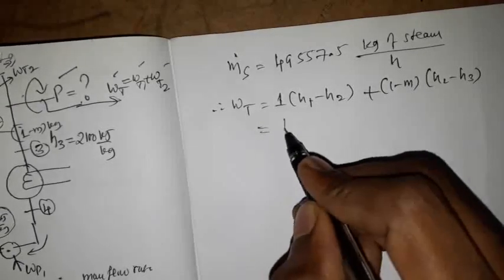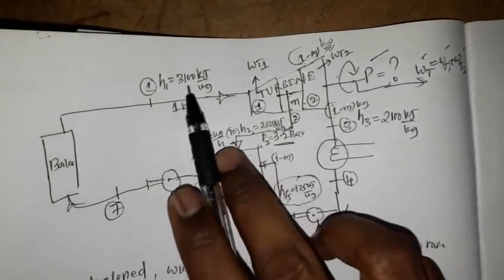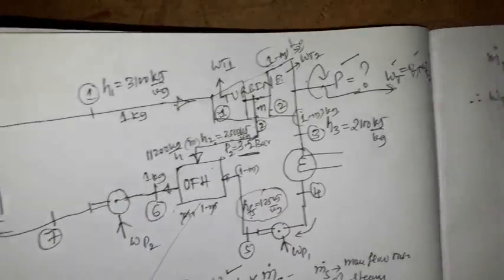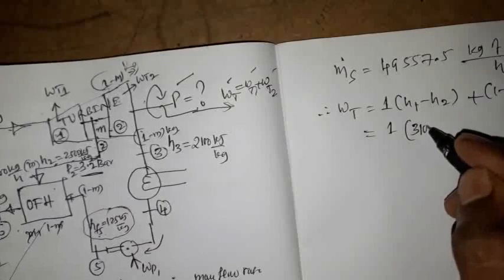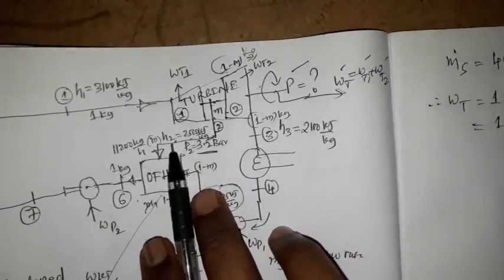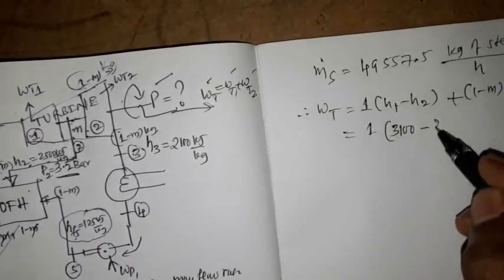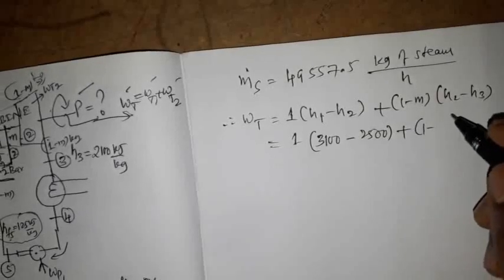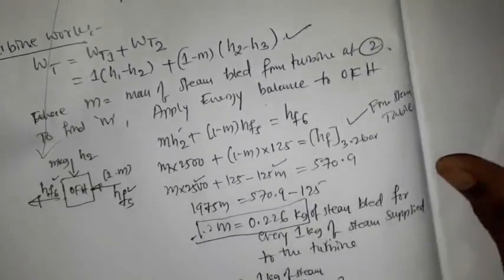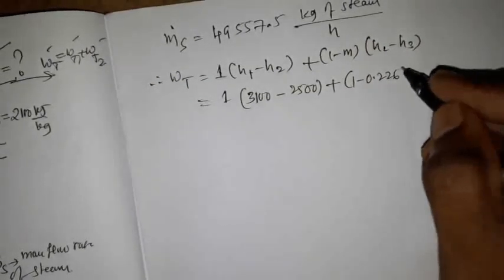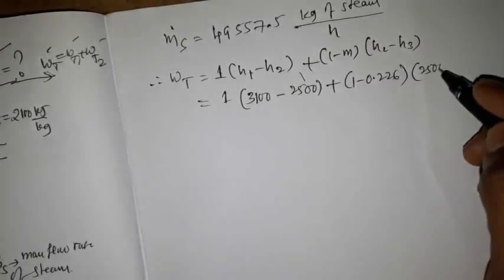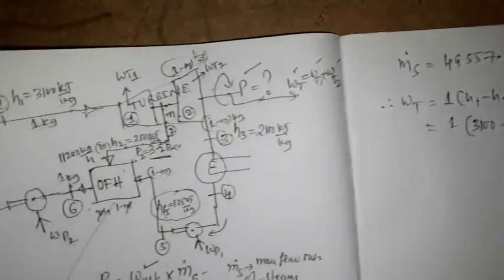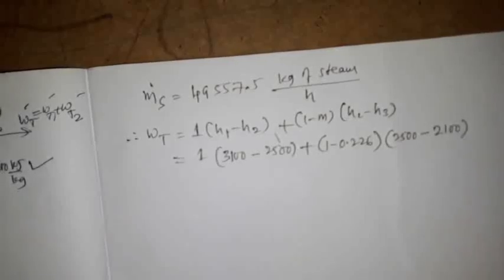Here h1 is given in the problem statement as 3100, minus h2 given as 2500 kilojoule per kg, plus 1 minus m, which we have calculated as 0.226. h2 is 2500 minus h3, given in the problem statement as 2100 kilojoule per kg.